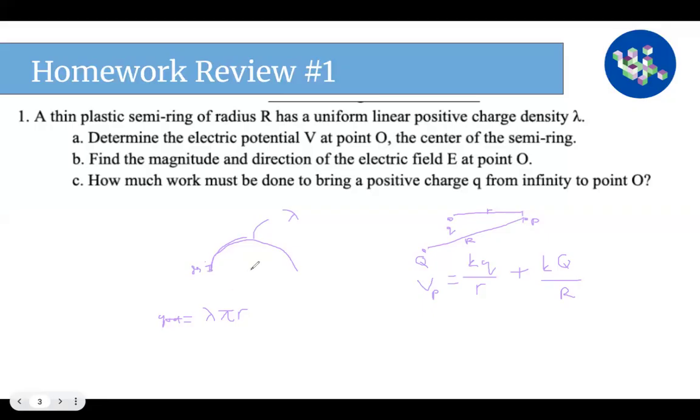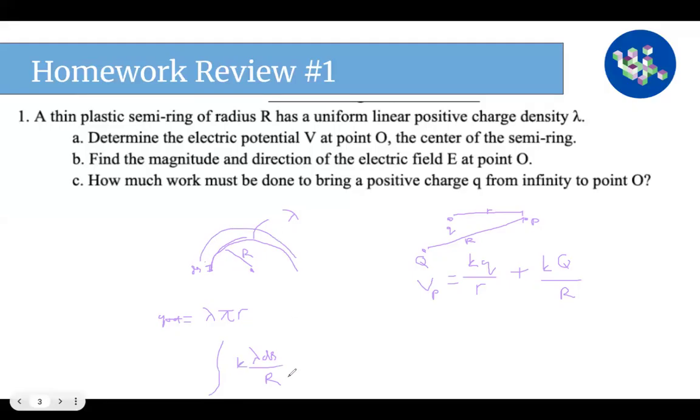The potential due to each infinitesimal segment is k lambda ds divided by the radius of the semi-ring, which I'll call big R. Then I want to integrate this over the entire semi-ring.